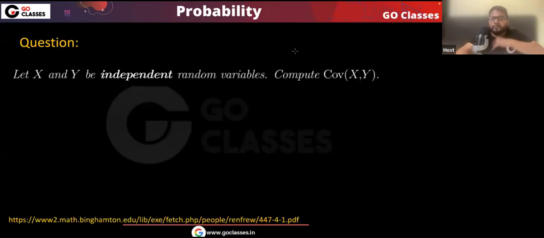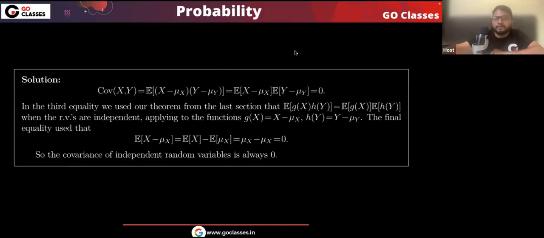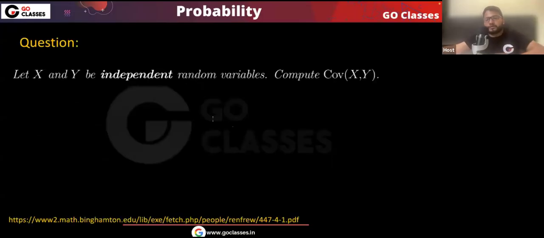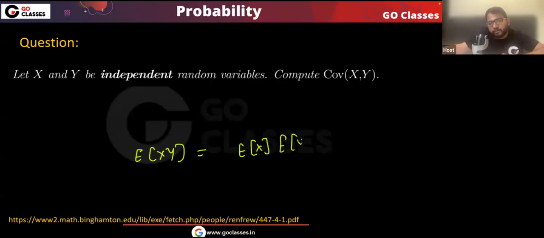Okay. What about this? If they're independent, then what is the covariance? See, if they're independent, then expectation of X into Y equals expectation of X into expectation of Y. So if they're independent, then covariance of XY is actually zero.